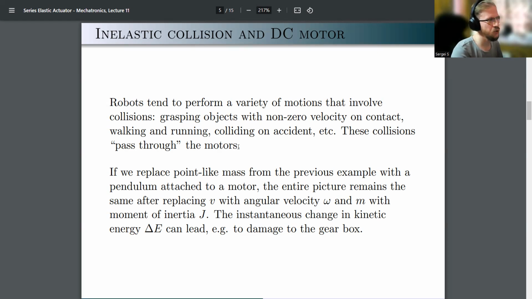If you imagine a robot having one link, another link, maybe one more link here, like a kinematic chain, all of them move separately, nice and complicated. And we have a collision here, a collision here. There will be an instantaneous change in the velocity. This joint will instantaneously change, this joint will instantaneously change, and so on.